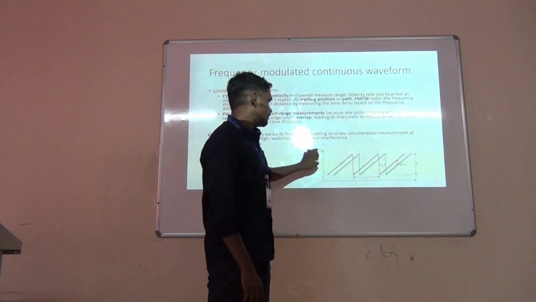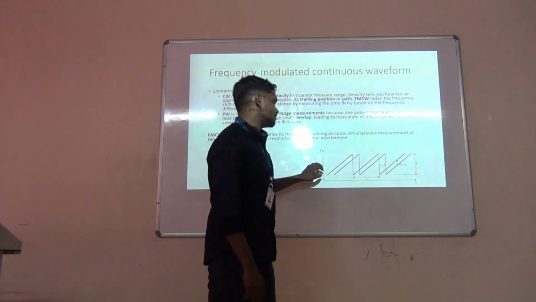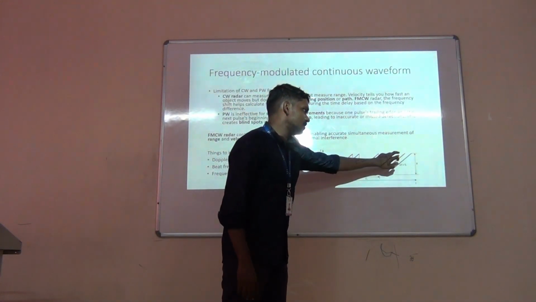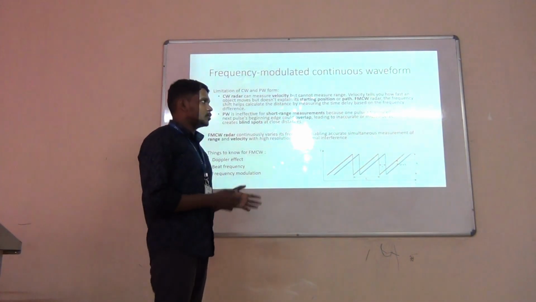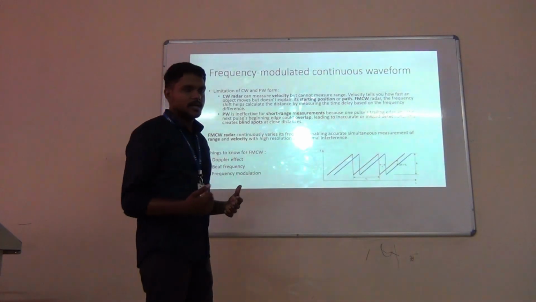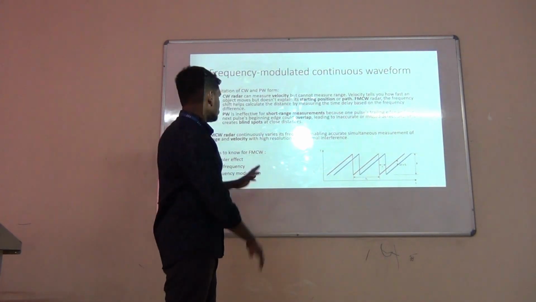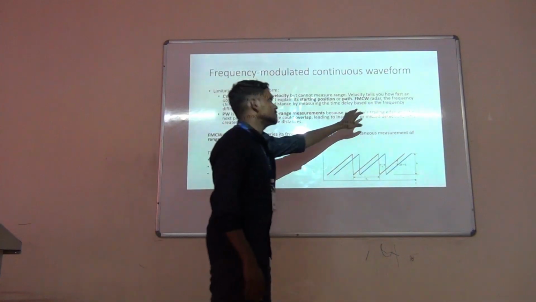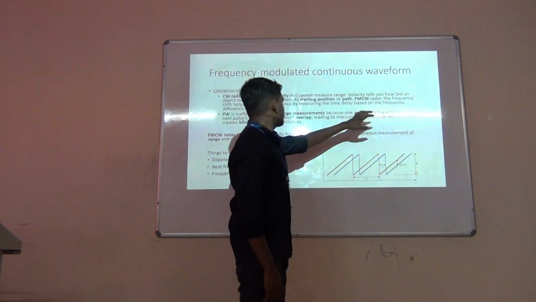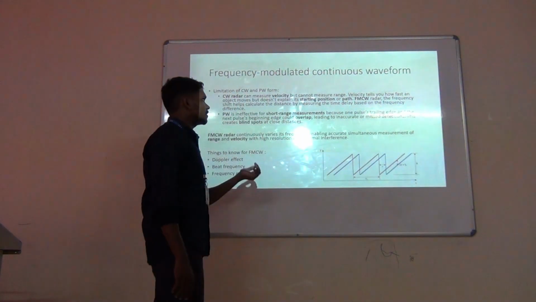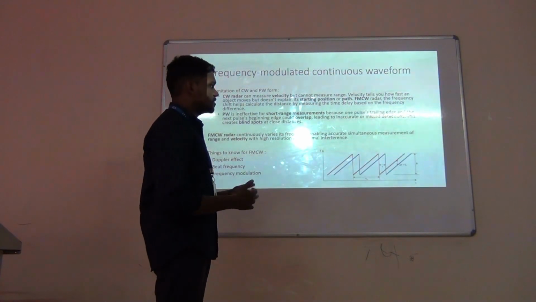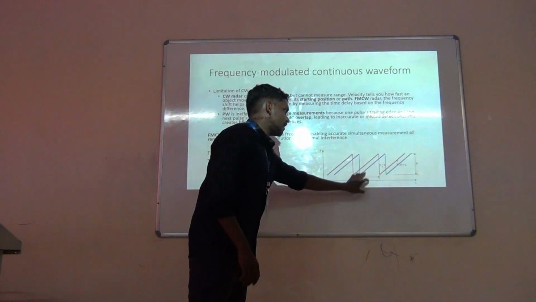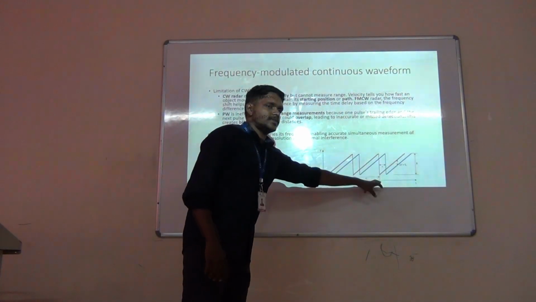You can see the frequency versus time graph, where the frequency is continuously changed, and this principle can be used in radar to measure both the velocity and the distance. As the slide says, in FMCW radar, the frequency shift helps to calculate the distance by measuring the time delay based on the frequency difference.